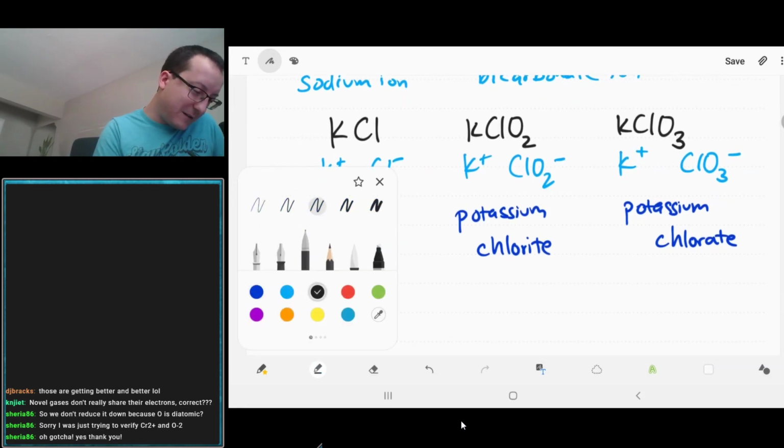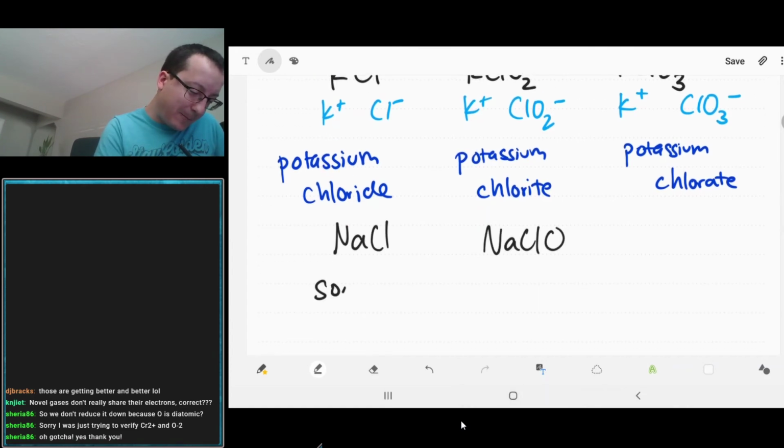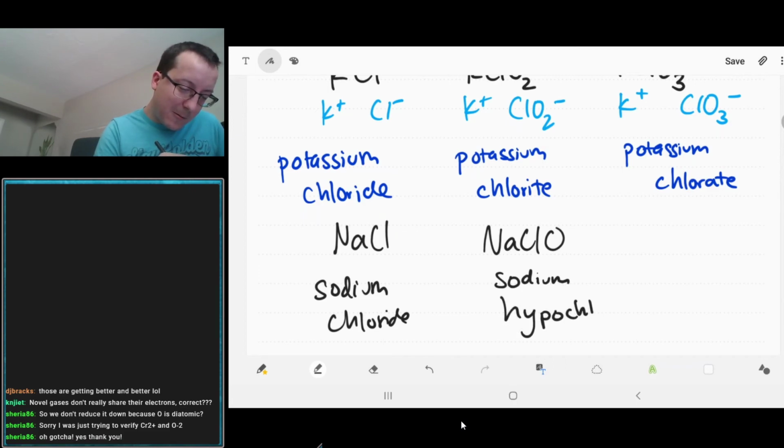If you have this is sodium chloride, this is sodium hypochlorite. ClO minus is hypochlorite. This one is bleach.